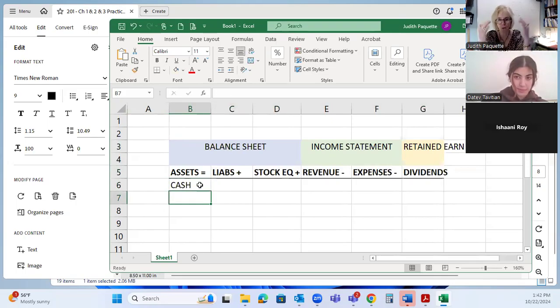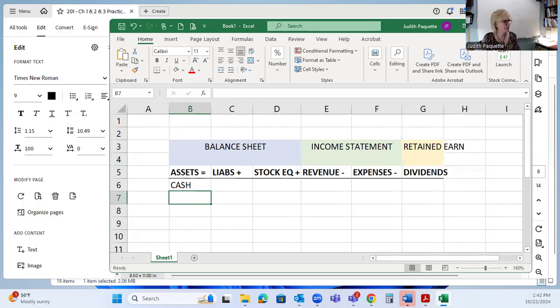Assets are listed in order of liquidity. So if I increase cash, do I debit it or credit it? Debit it. Perfect. Yes. So the normal balance for cash is a debit, and that just means left.